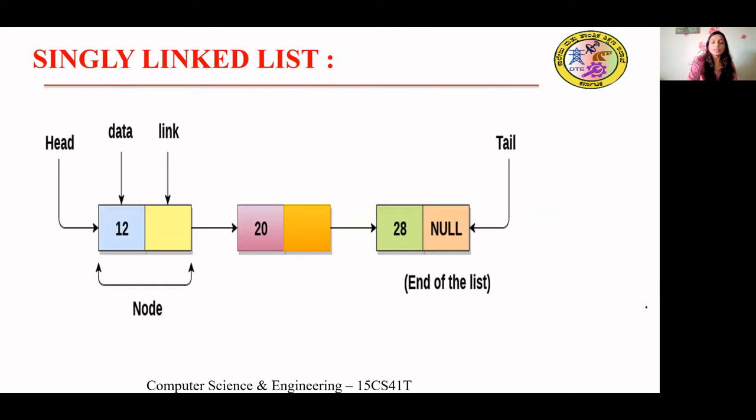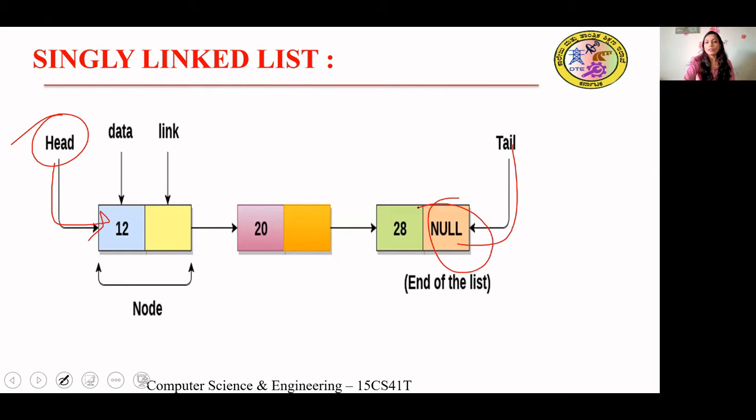Okay, this is how your singly linked list will be. This head or first, any pointer you can use to point to first node. Okay, then you can have nodes like this. Any number of nodes, last one will be null. Each will be made of two parts. One is data, other is link or next pointer.